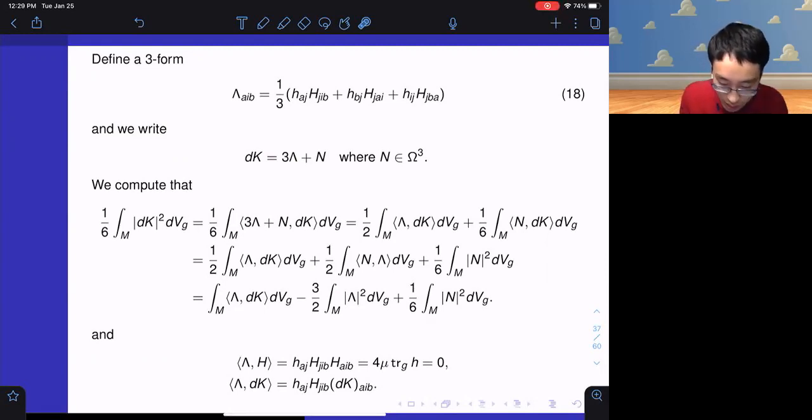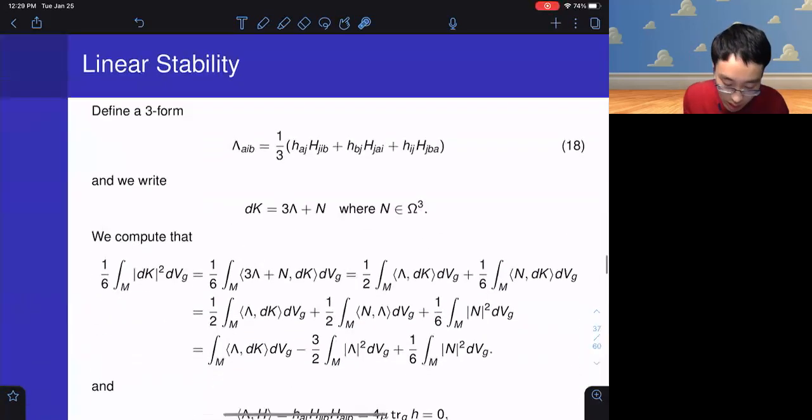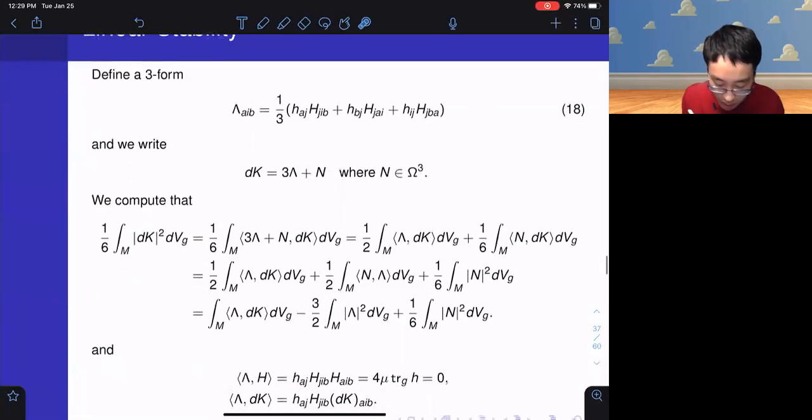First, if you compute 1/6 dk squared, this will result in lambda dk minus 3/2 lambda squared plus 1/6 n squared.